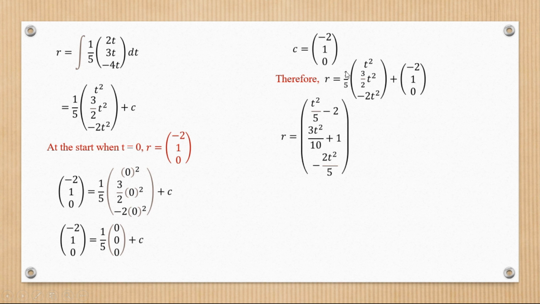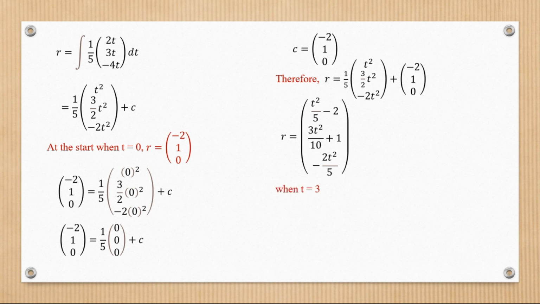First of all, make sure to first multiply the 1 over 5 into this. So that's why I have this top one as t squared over 5, this as 3t squared over 10, and this as negative 2t squared over 5. Then add the values on the other side. So this will be minus 2, this will be plus 1, and then this will be plus 0, which is actually just, we're going to have it by itself. So I'm going to have this.